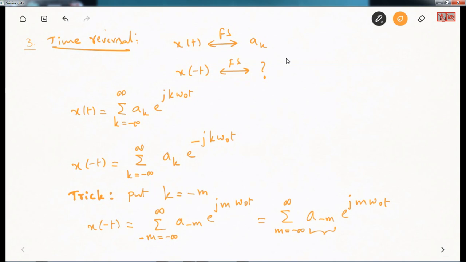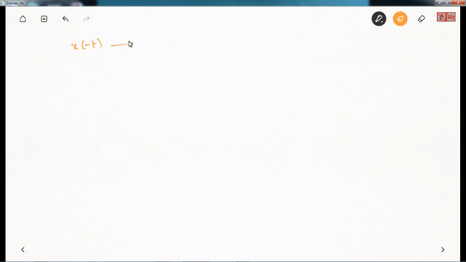So here what we can write is, x of minus t has Fourier series coefficients of a of minus k. That's it.